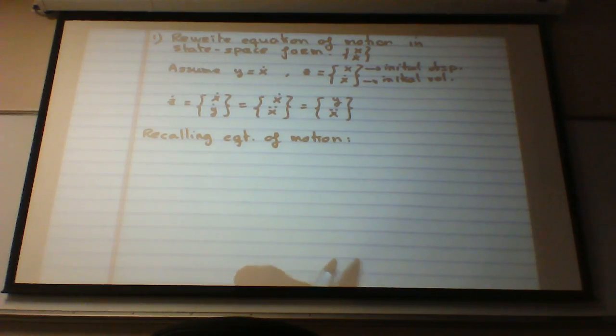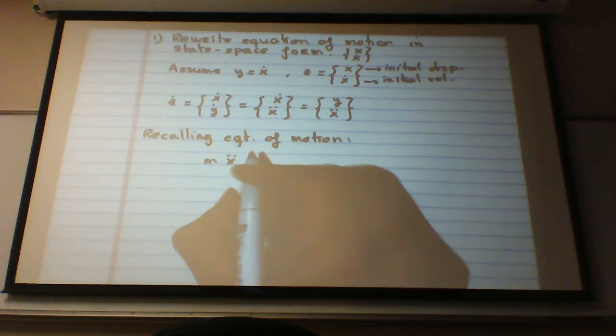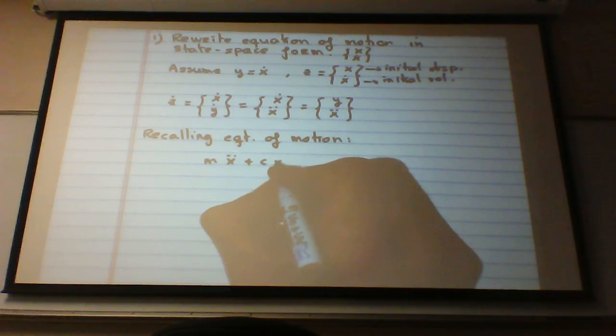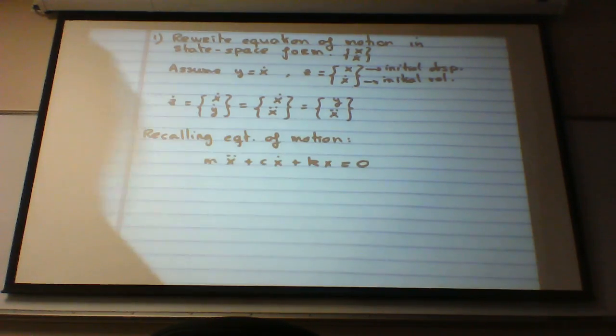the equation of motion, which is m x double dot plus c x dot plus k x equals 0.